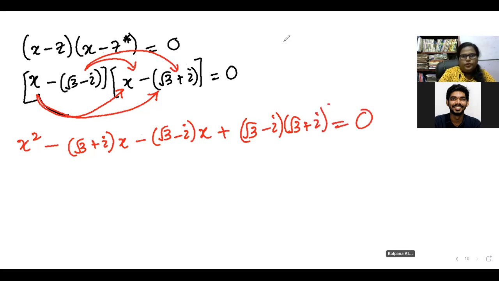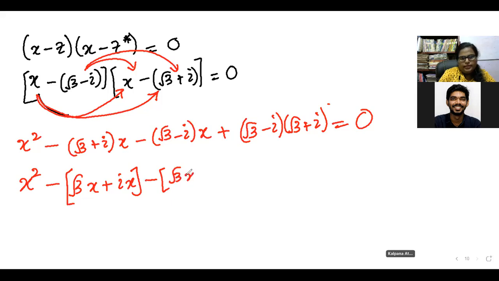Equals to 0. So you can get this one x square minus, you can simplify this one by removing brackets here, square root 3 x plus ix minus square root 3x minus ix, right?